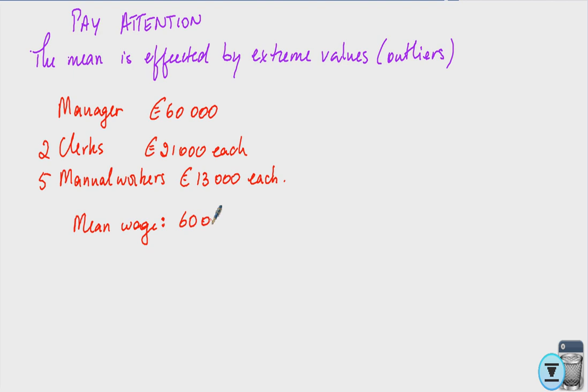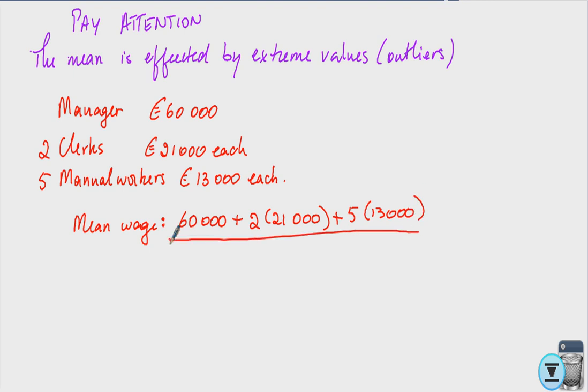So I have the manager, 2 clerks, and 5 manual workers. In total, I have to divide by 8. That sum will be 60,000 plus 42,000 plus 5 times 13,000, which is 65,000, giving a value of 167,000.